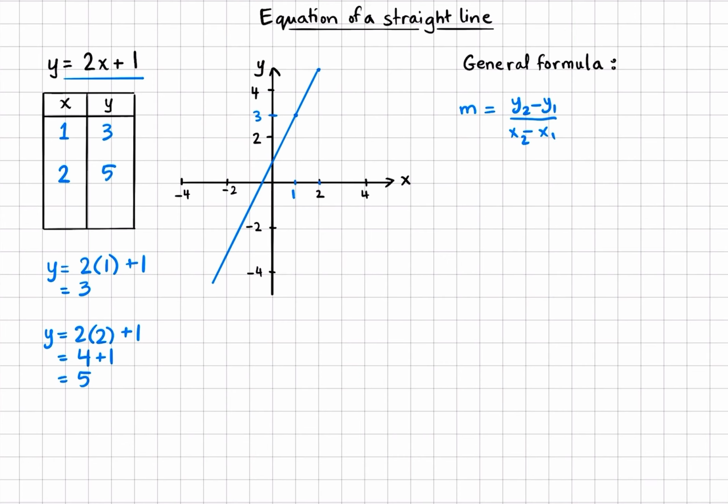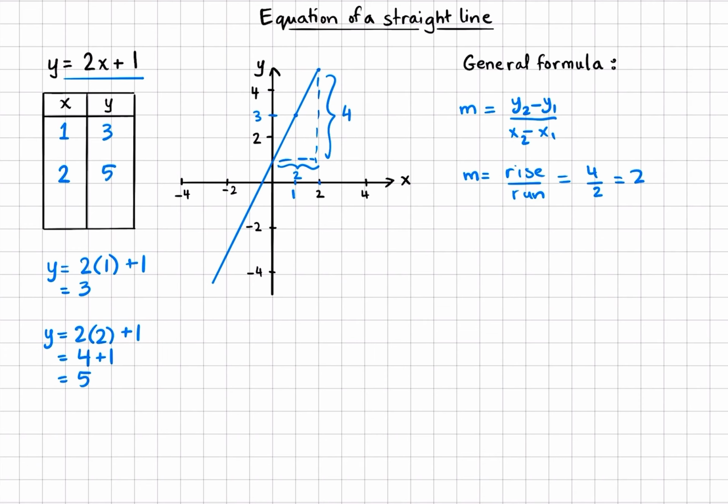Or I can use rise over run from the line itself by drawing a triangle and getting the gradient that way, measuring the y distance, which is 4, and then the x distance, which is 2, and then saying m is rise over run, which is 4 over 2, which is 2.